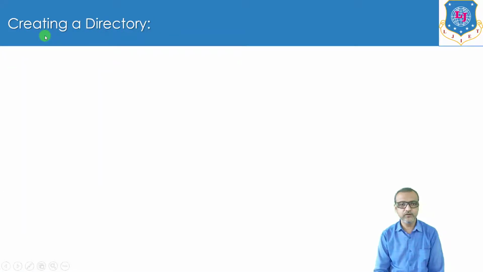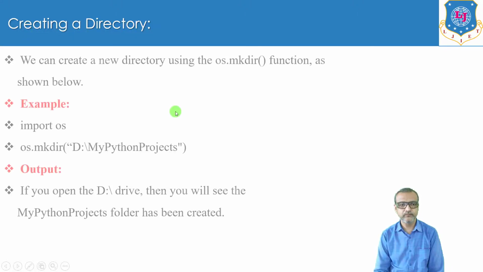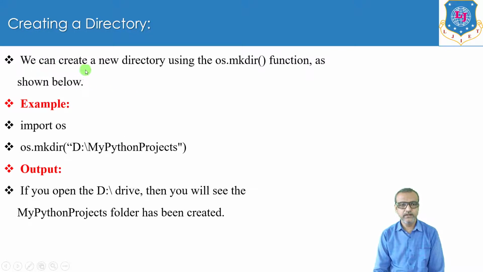Now we will see how to create a directory, that is creating a directory. We can create a new directory using the os.mkdir function as shown below. For example, first of all, always we have to import OS module, that is import OS.